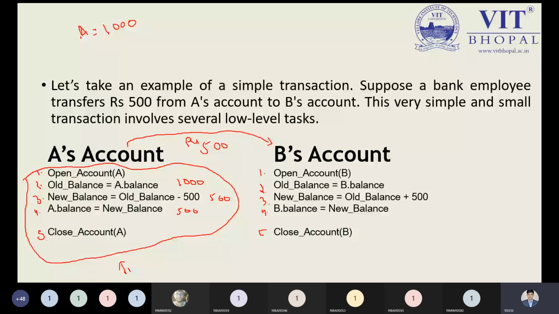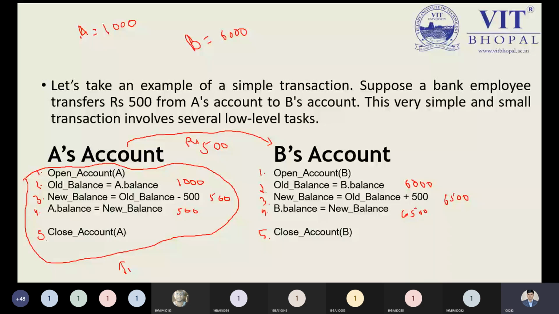And suppose B has 6,000 rupees. So here the old balance was 6,000 rupees, and the new balance of B's account will be updated to 6,500 rupees, and that is finally B's balance.